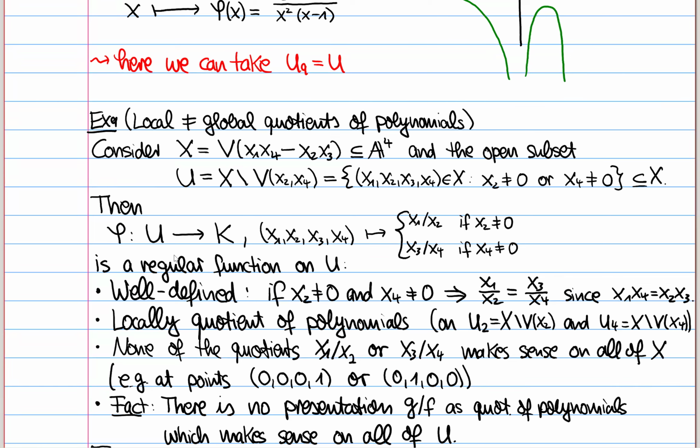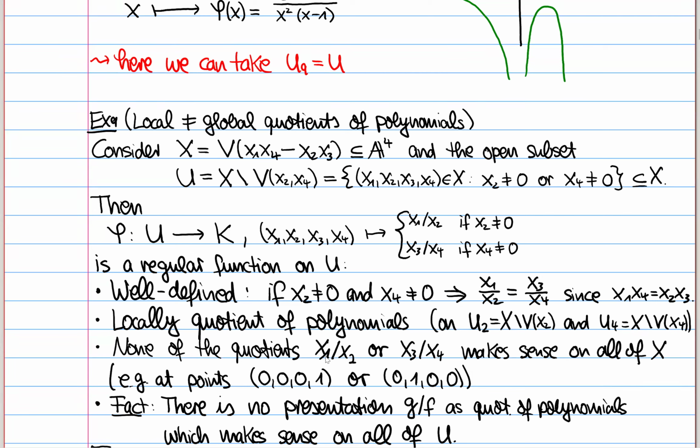And now the reason why we look at this example is that first of all, you see none of these two functions make sense on all of U. Because, for example, at the point 0, 0, 0, 1, first of all, this is a point in U, because it's a point of X: if you set the first three coordinates to be 0, then this equation vanishes, so it is a point in X. And it's also a point in U, because x4 is non-zero, so that's a perfectly nice point here.